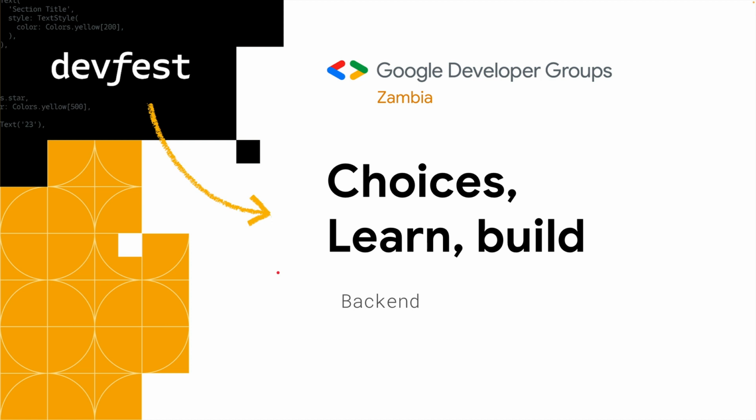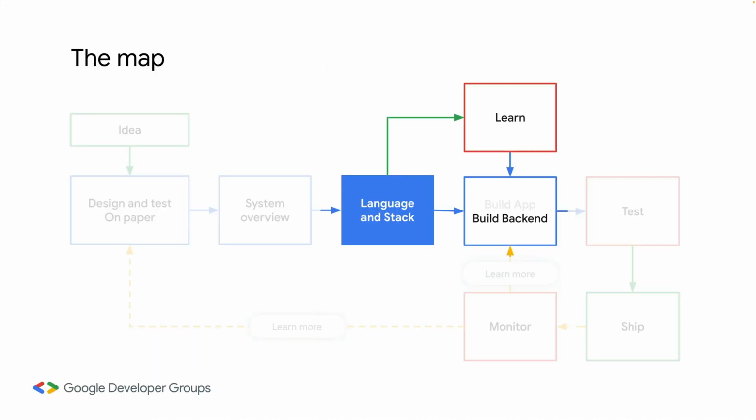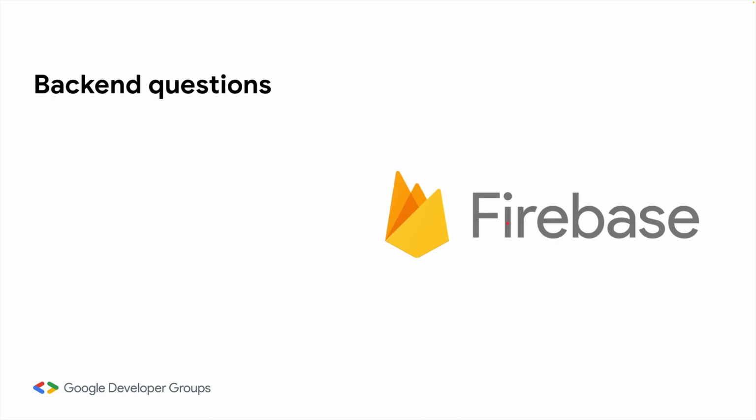Now I want to jump just briefly into the kinds of choices and things you need to do for the backend. So we're here in our diagram, we're still making some decisions, we've figured out how we want the front end to do, but we want to quickly look at the backend. Working with the backend is a huge topic. It depends a bit on if you're using an existing backend or if you're building your own backend from scratch.